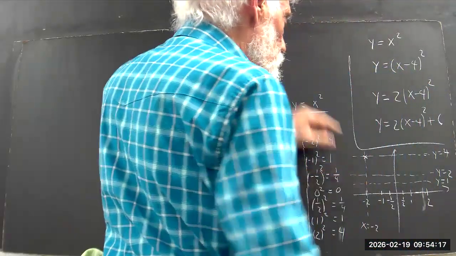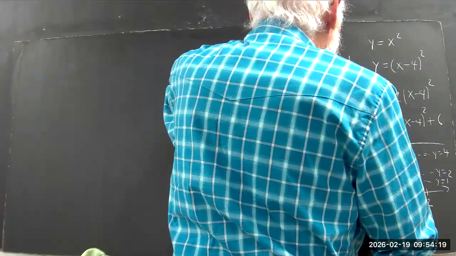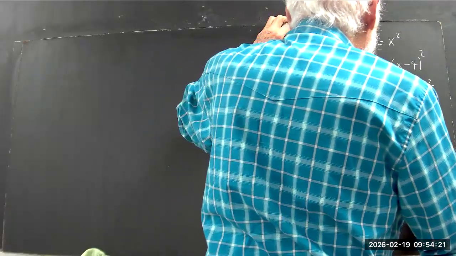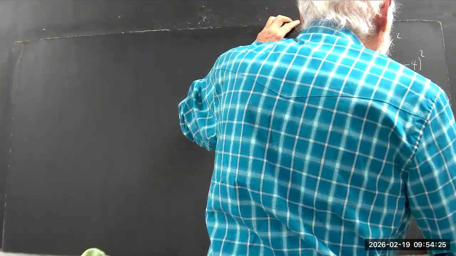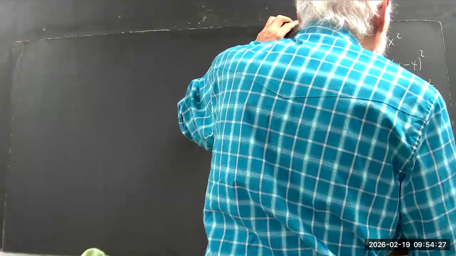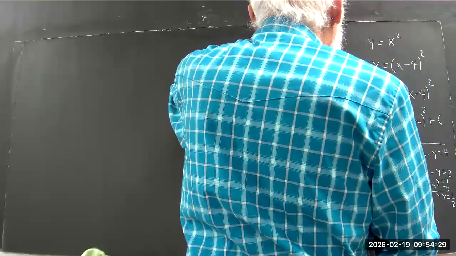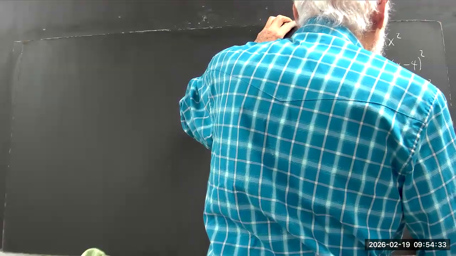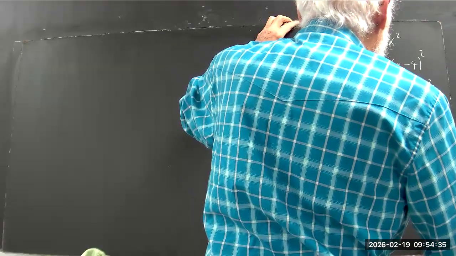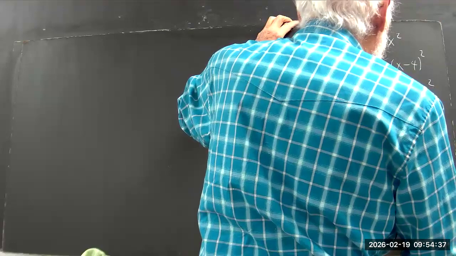Halfway between 1 and the x-axis is y equals 1/2. And then halfway between that and the x-axis is y equals 1/4.